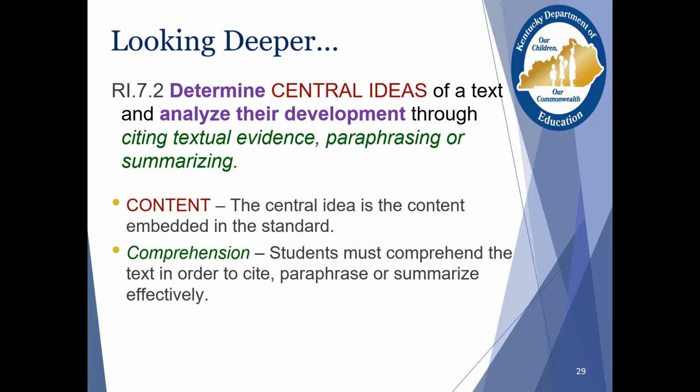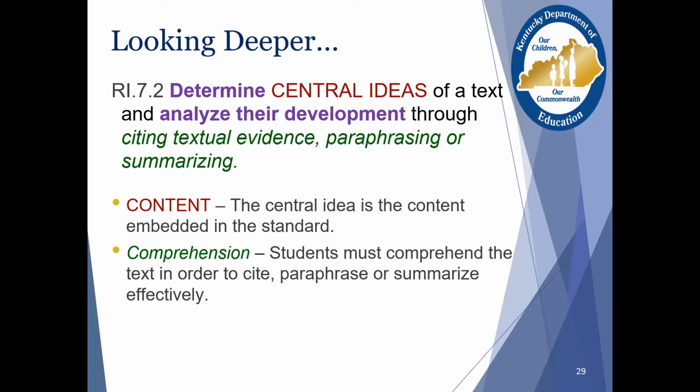Then I'm going to go to comprehension. Now, here's the thing. First of all, they have to understand what central idea is. They have to have comprehended that foundational knowledge. Then they're going to have to read and comprehend the text in order to cite, paraphrase, or summarize effectively, right?